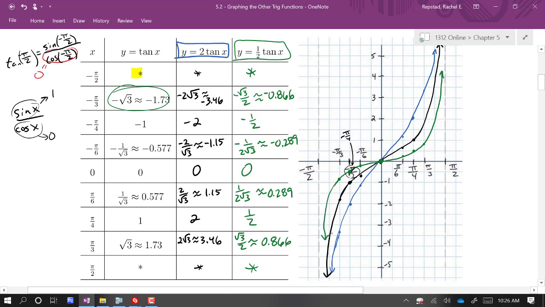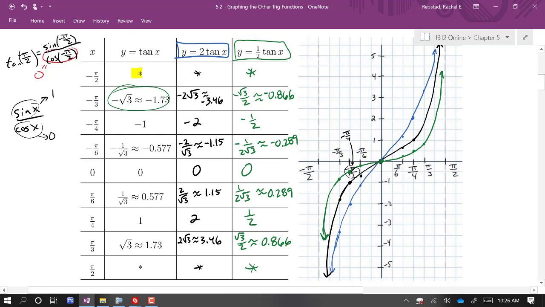So this is the basic shape of a tangent function. As I change the number in front, the word amplitude probably doesn't really apply to a tangent function. Amplitude generally refers to how far you stray from that equilibrium, like reaching a maximum or minimum. And as we can see, there is no maximum value or minimum value of tangent. It will attain all real numbers.